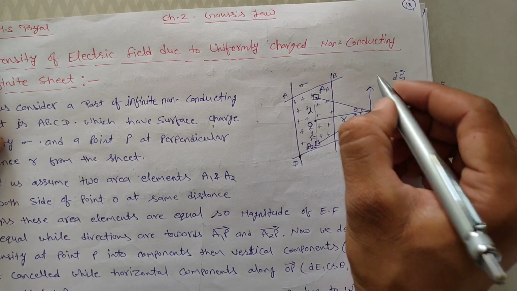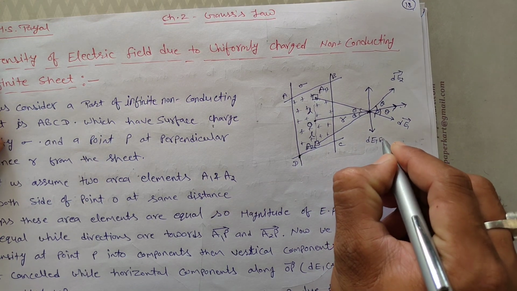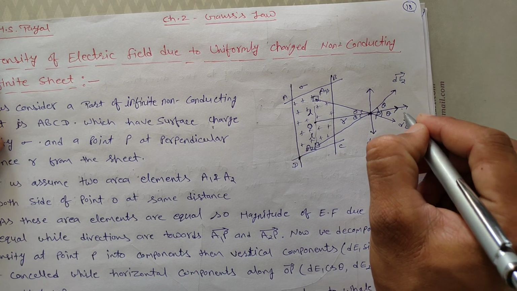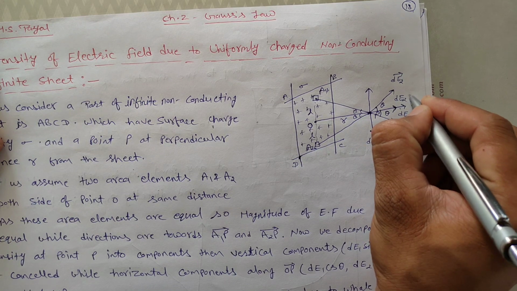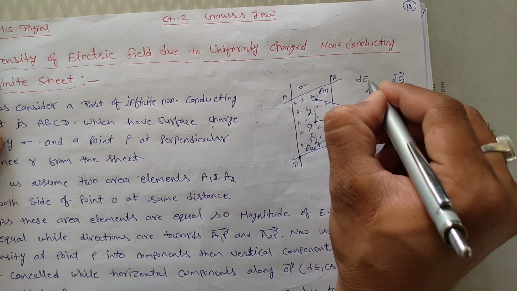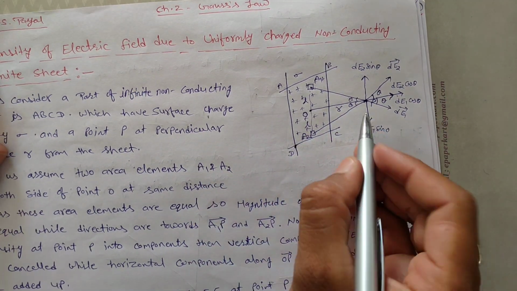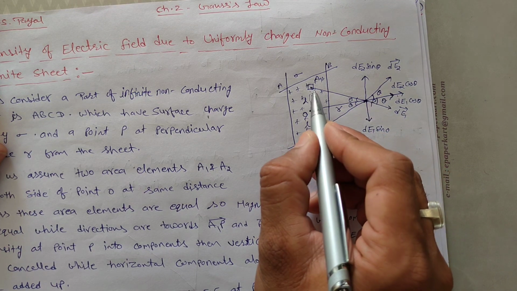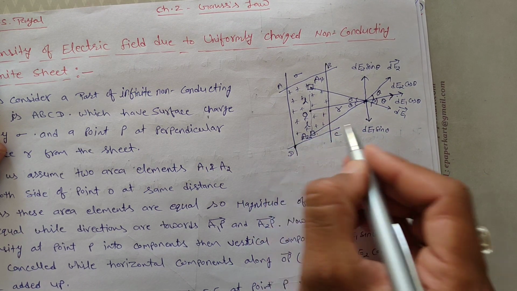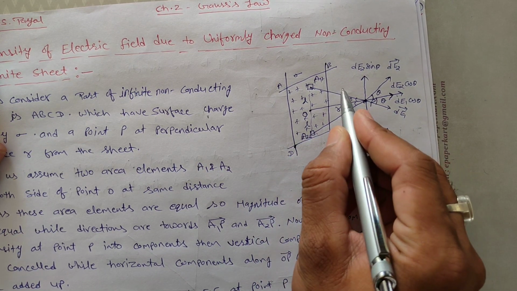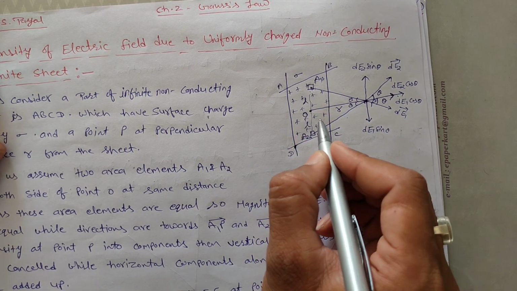We can write the components of DE1 and DE2: this is DE1 sin theta, this is DE1 cos theta, and DE2 cos theta and DE2 sin theta. The electric field intensities due to area elements A1 and A2 at point P are the same in magnitude, because the distance is the same and the charge on these elements is also the same.